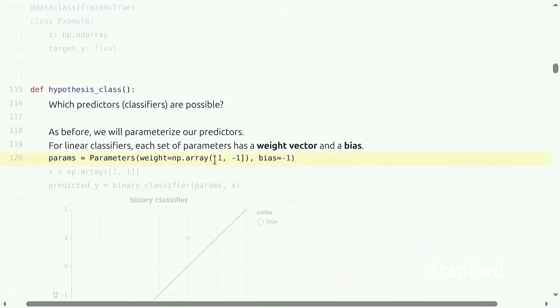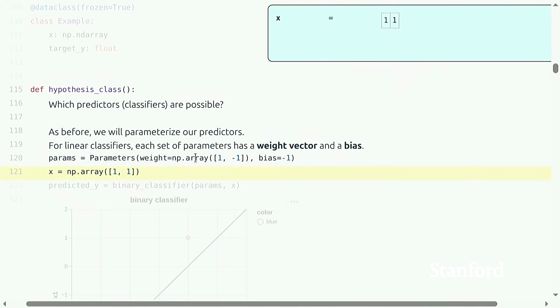So in this case, we might have a weight vector, which is (1, -1), and a bias, which is -1. And I might have an input, (1, 1), which is a 2-dimensional point.